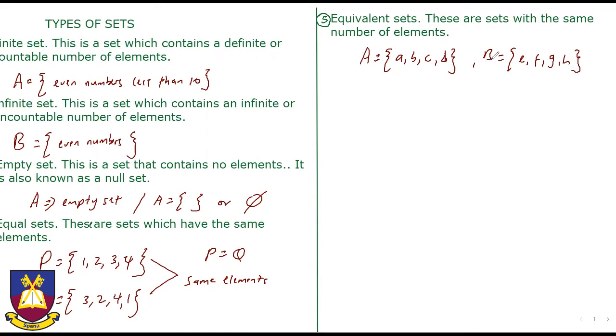Set A has 1, 2, 3, 4 elements, and set B has 1, 2, 3, 4 elements. So for two sets to be equivalent, they don't need to have the same elements. They need to have the same number of elements. If the elements are equal in number, then those two sets are equivalent.